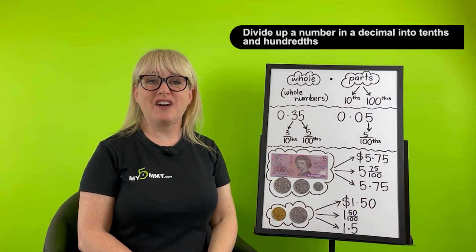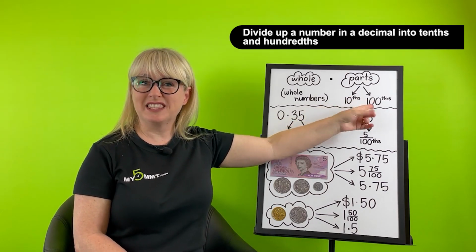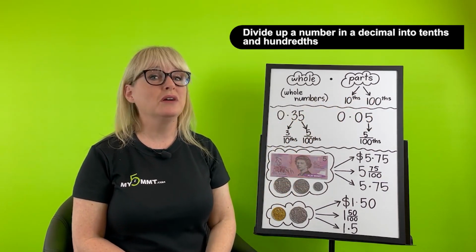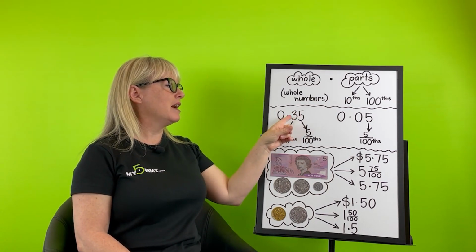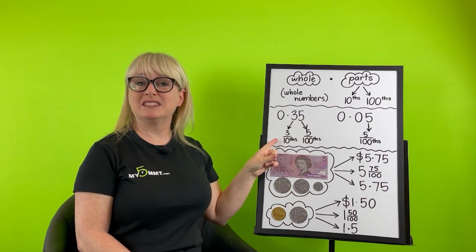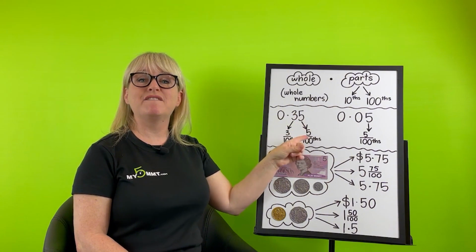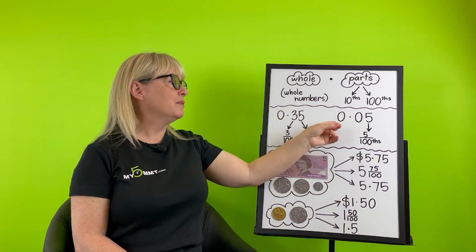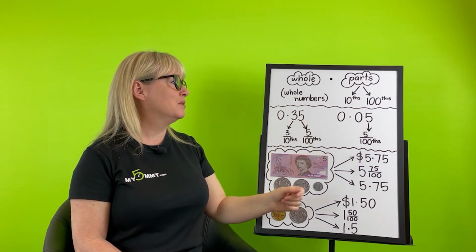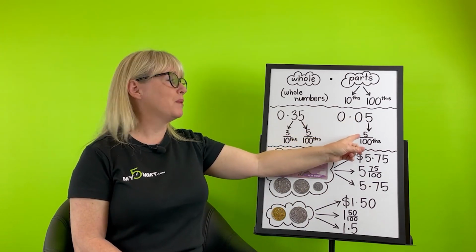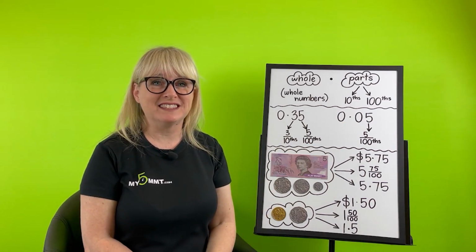We're actually dividing our numbers up into tenths and hundredths, and that's really central to writing decimals. You see, if we have 0.35, the 3 is actually representing 3/10, and the 5 is representing 5/100. Here we've got 0.05. Notice that 0 in the middle. We don't have any tenths, but we've got 5/100 because it's 5 out of 100 pieces.